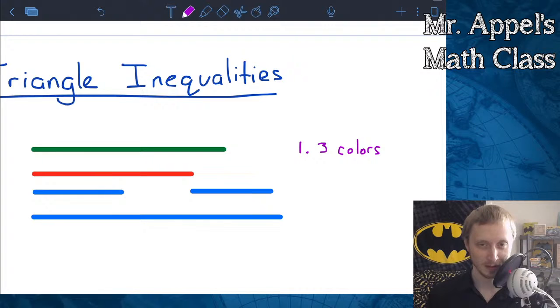What do you think? Can I build a triangle out of a green one, a red one, and a blue one? Or this even includes green, red, and the large blue one down here.